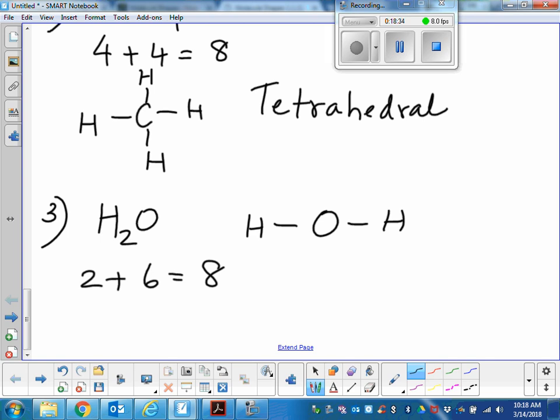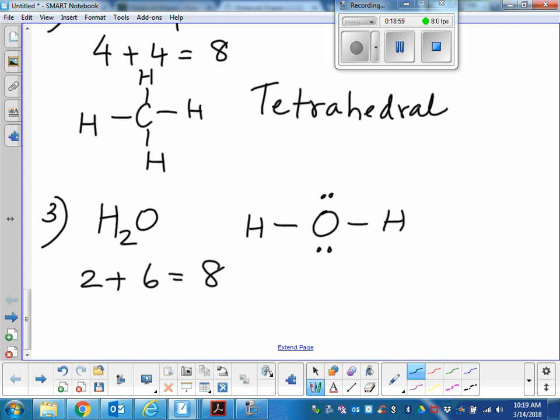So how many more are left? 4. So how will we include the remaining 4? Should we include them as lone pairs? So here is the lone pair and here is the lone pair. Does it matter where we put them? That doesn't matter, that is fine. That is the correct Lewis dot structure.